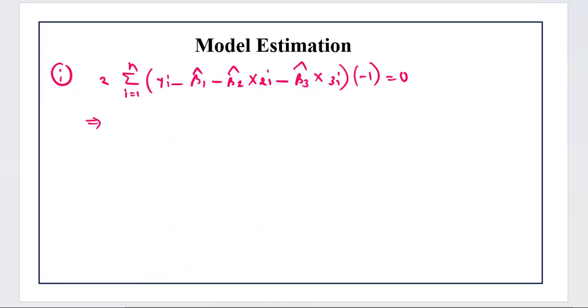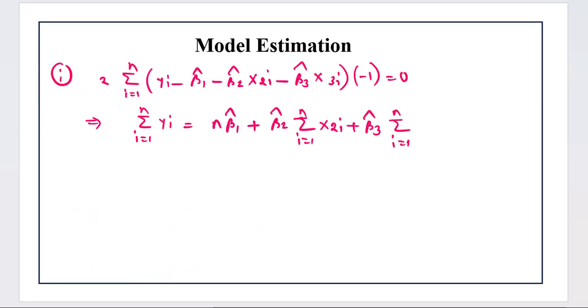Now if you take this to the right hand side, you will get summation yi equals n beta 1 cap plus beta 2 cap summation x2i plus beta 3 cap summation x3i. Right, I hope you can see this. Let's call it equation number 4.